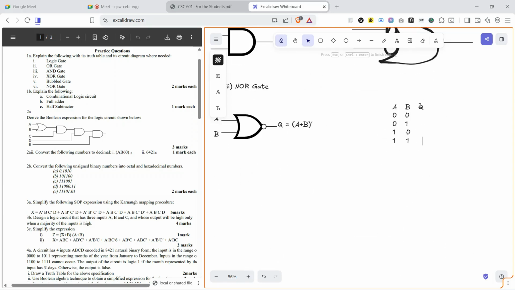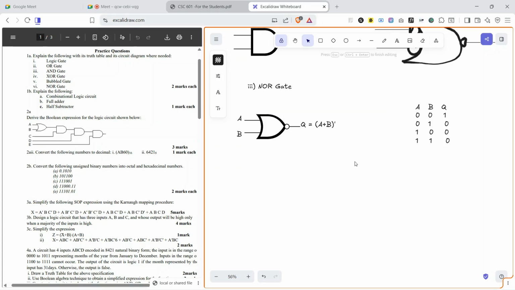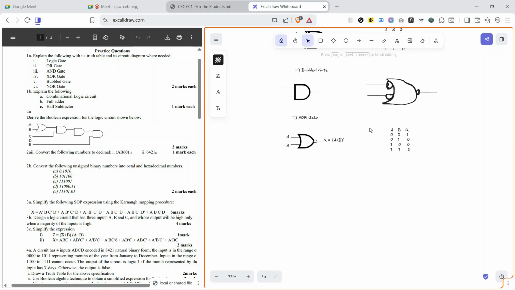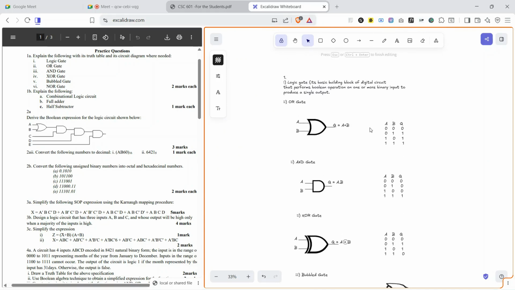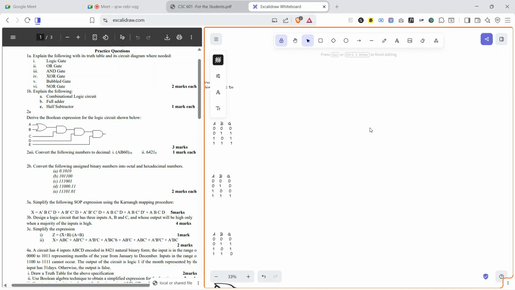So it means this would be one, this would be zero, this would be zero, and this would be zero, because all of these are one in an OR gate. So the NOR gate is the negation of an OR gate. Did we get the explanation of all of this? So that is number one.